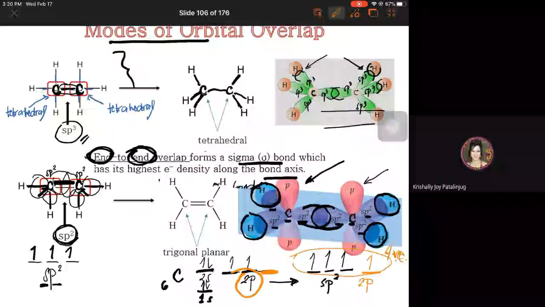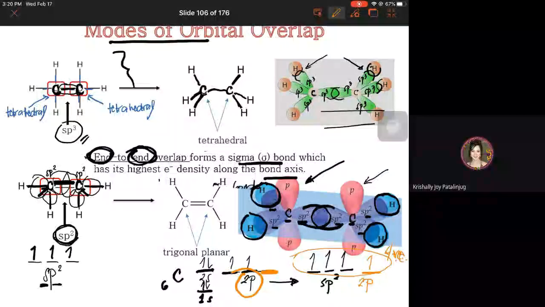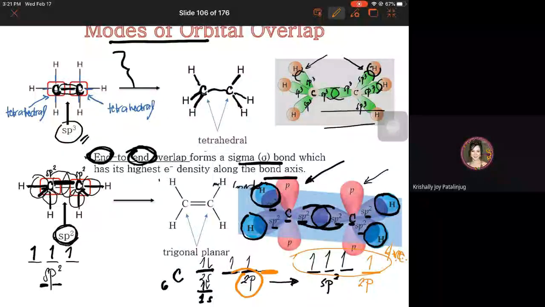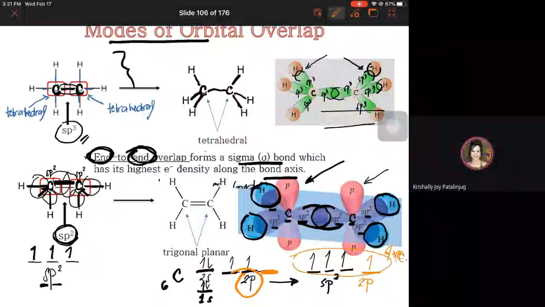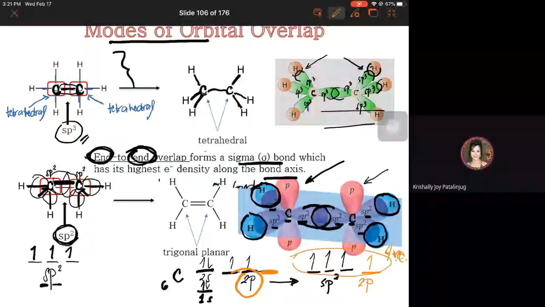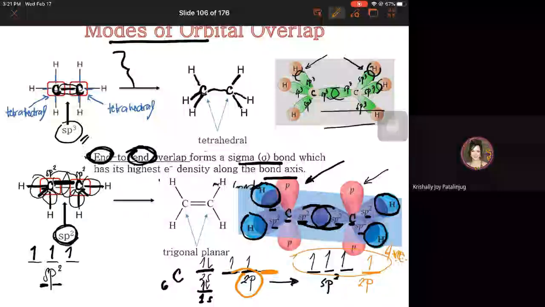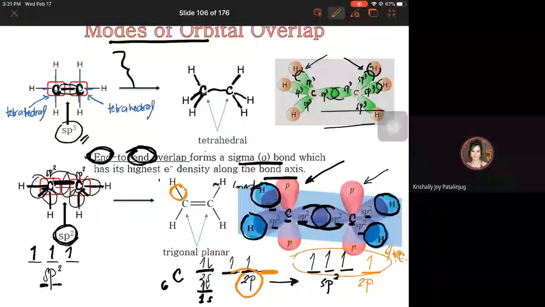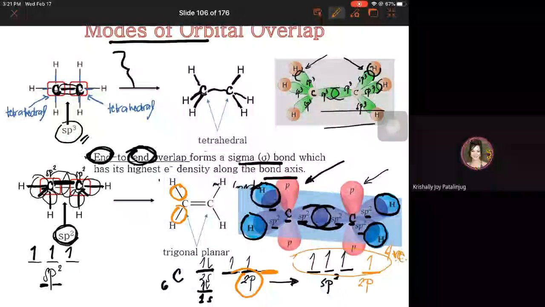Di pwedeng mag-sp3, kasi yung sp3 dapat 4 yung electron groups that surrounds a central atom. In this case, 3 lang itong electron groups: isang single bond, another single bond, then isang double bond.